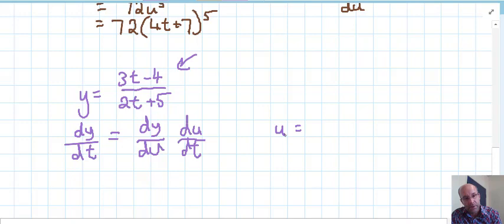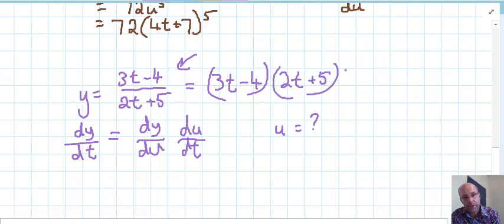Now that's a bit strange if we look at it like this, but can we rewrite the function as 3t take 4 times 2t plus 5 to the negative 1, because 2t plus 5 on the denominator can be written as a product raised to the negative 1.